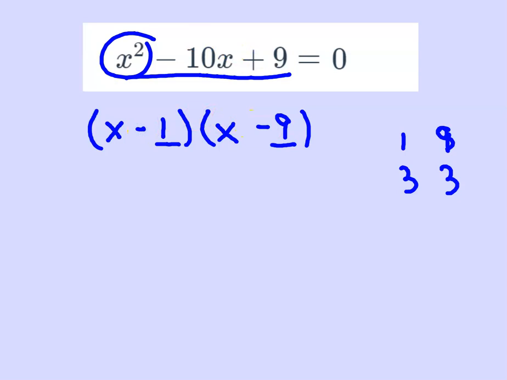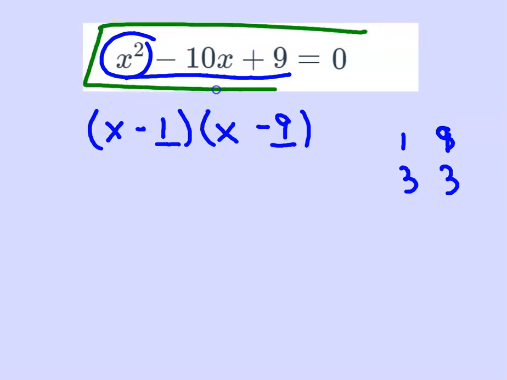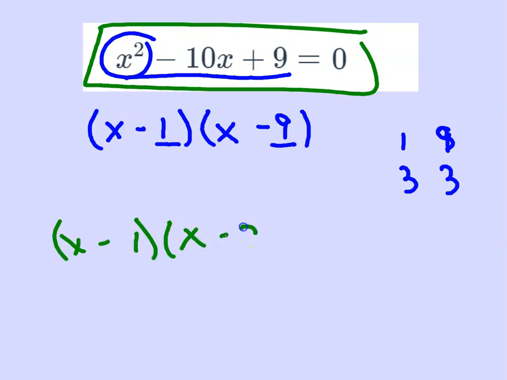So here's the deal. We've taken this statement right here, and we're going to write it this way: x minus 1, x minus 9 equals 0. Now, you may have seen this before, maybe on one of my videos. I want you to think about this statement here and this statement here.